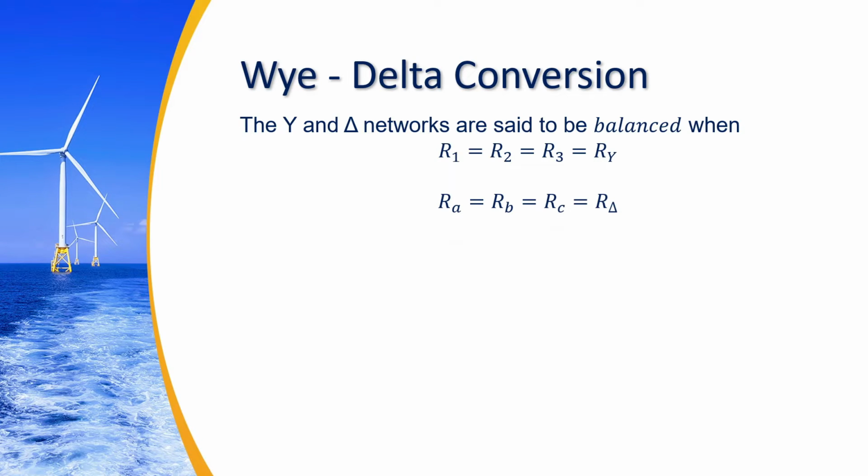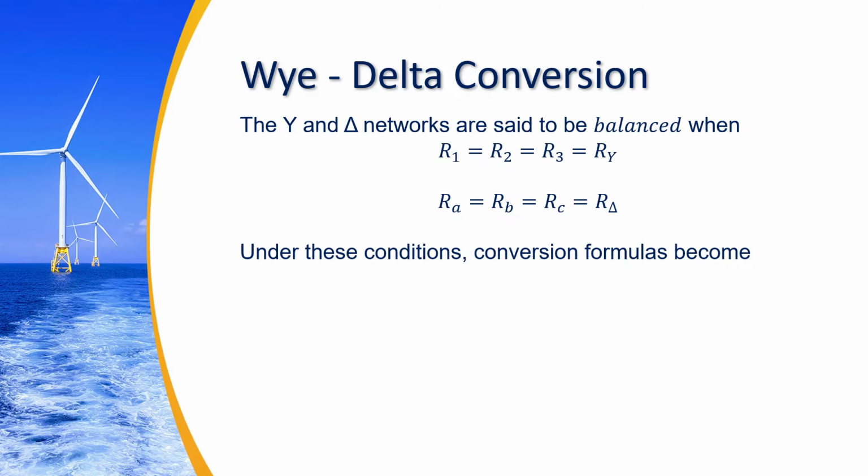And then yung RA, RB, RC ay magkakapareho, R delta. Under these conditions, conversion formulas become, ganito yung magiging tsura. Okay, mas na-reduce natin yung equations natin dito. Magiging RY, equivalent lang siya sa 1/3 ng R delta.